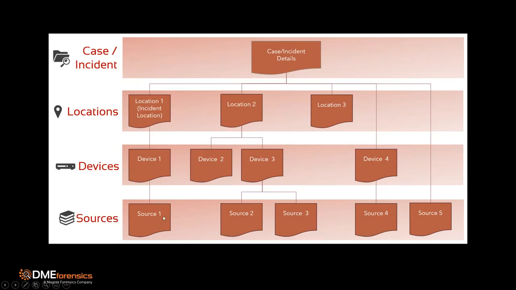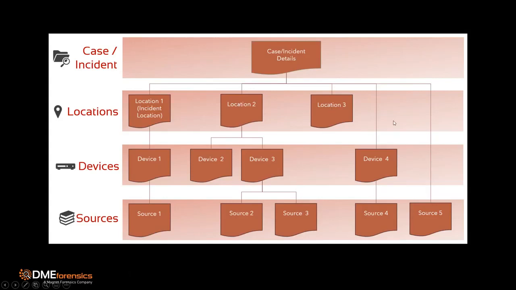You may also have a more complex scenario in which multiple sources are recovered. In this case, we have two sources attached to one hard drive, or I'm sorry, two hard drives attached to one device, but we also potentially may have multiple devices and multiple locations in our case.